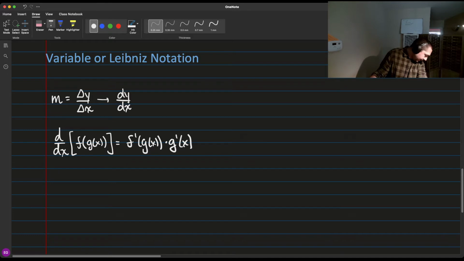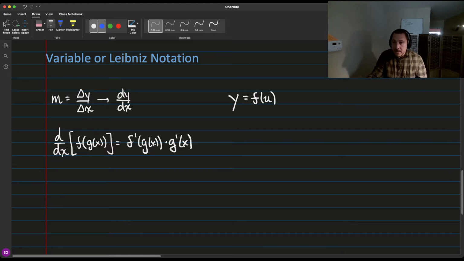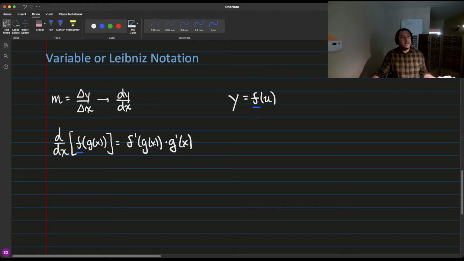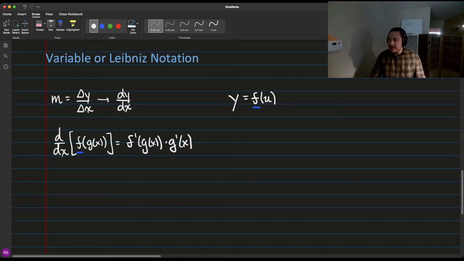Okay, so what we're going to do is say that y is a function of u. So this function f, let me say this: the function f has as its independent variable u.